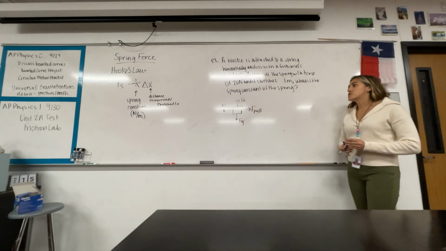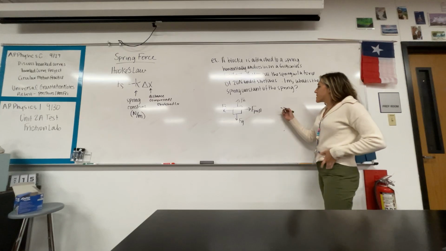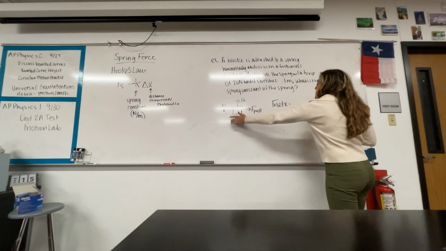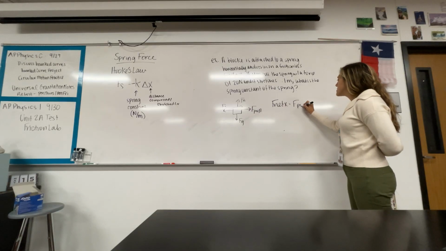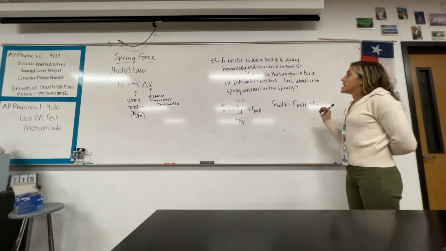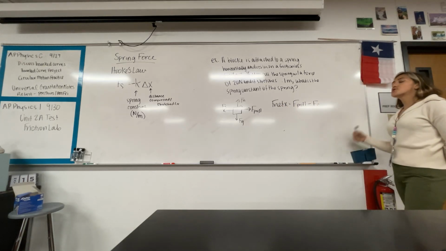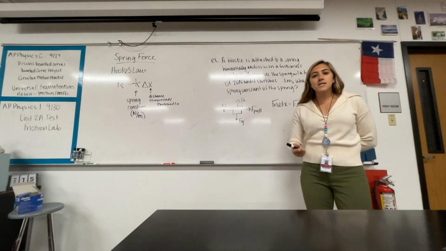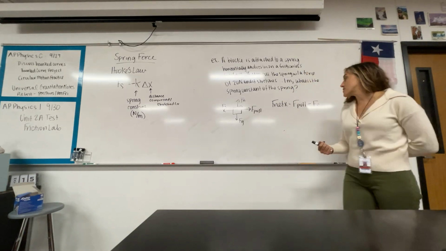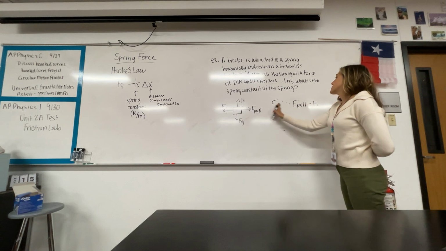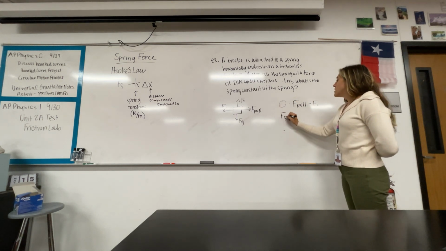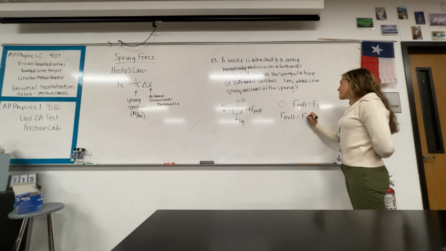So if I write out an F net equation in the x direction, because that's the one I care about, that's the one that has force spring, I get F pull minus Fs. Now I've pulled the spring and it's stretched, I'm holding on to the object, so the object is not moving. So the net force is equal to 0. So F pull must equal Fs.